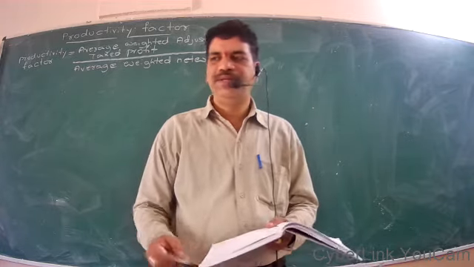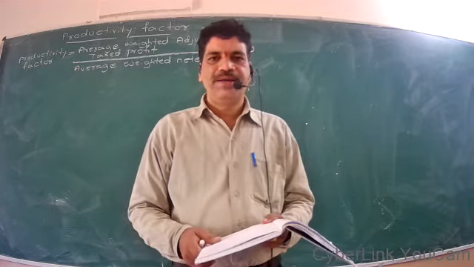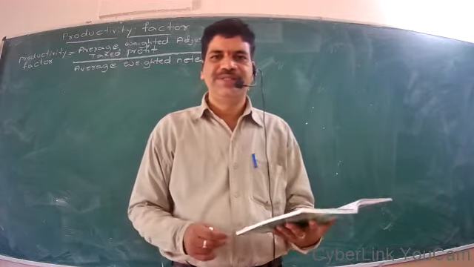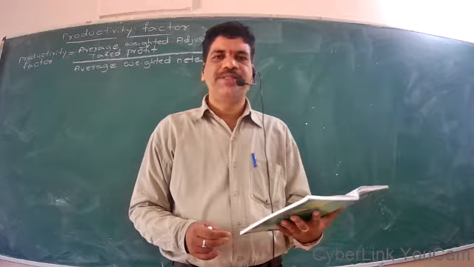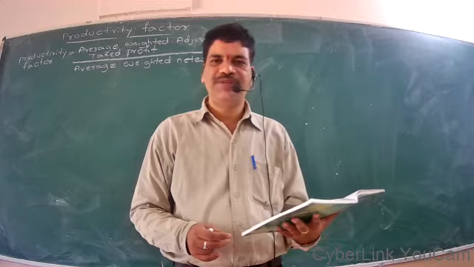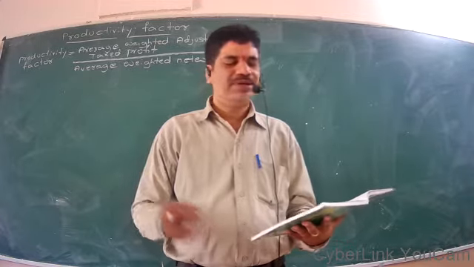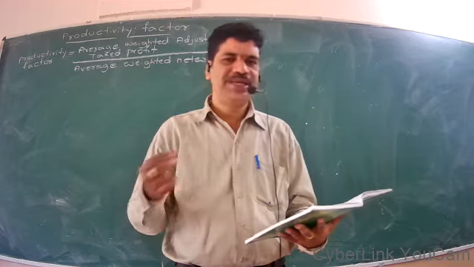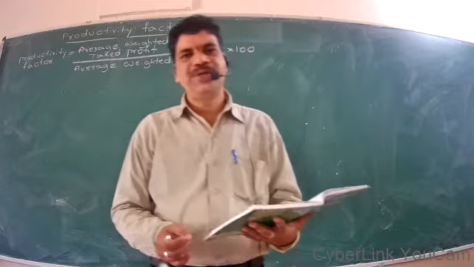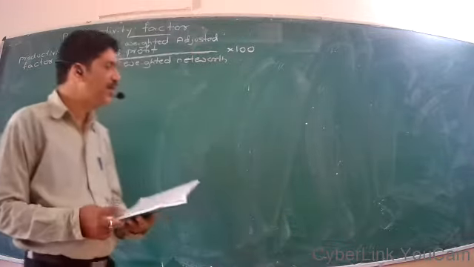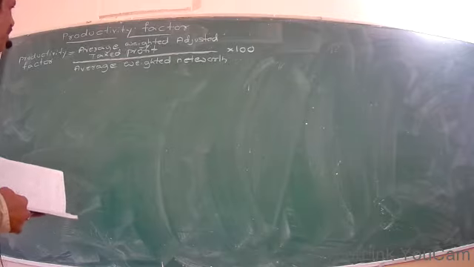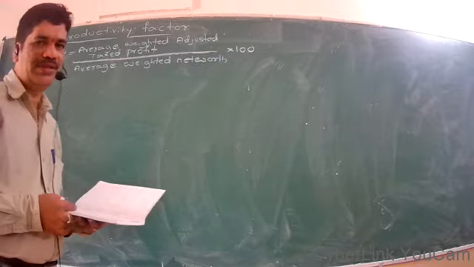Students, today we will study another method of valuation of share. That is valuation based on productivity factor. Here, productivity factor is calculated taking into consideration the average weighted adjusted tax profit and average weighted net worth.